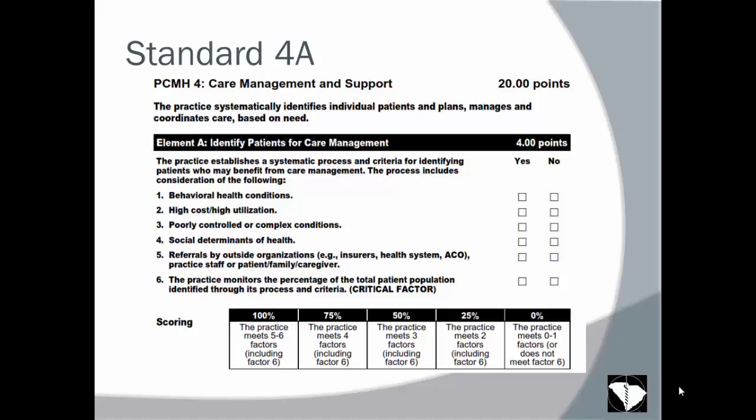Or on the high cost, high utilization, as an example, you might say, I want to look at all my patients who've been admitted to the hospital at least once in the last 6 months. And when you run that list, you find, wow, this is more than I expected. I don't think I can care manage all these patients. So you might make your threshold higher. You might say, you know what, I'm going to look at all patients who've been admitted to the hospital at least 3 times in the last 6 months.